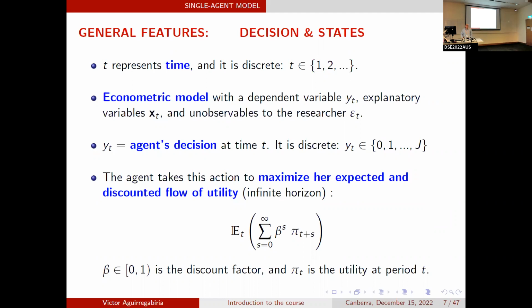Then I'm going to use y to represent the agent's decision, and y can take capital J plus 1 values, from 0 to capital J. Then the agent takes this decision to maximize her expected and discounted flow of utility. I use beta to represent the discount factor. I will use pi to represent the payoff function or utility function. And I'm going to consider all the time that we are in a stationary model with infinite horizon and with primitives, utilities, and transition probabilities that do not change over time. Okay.